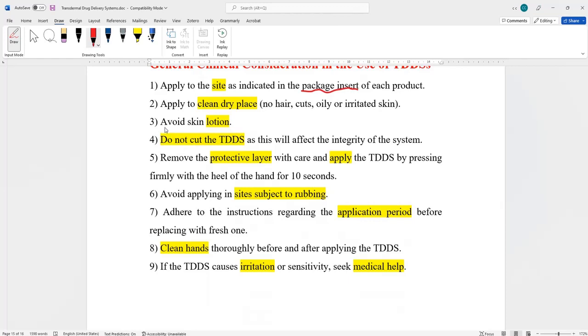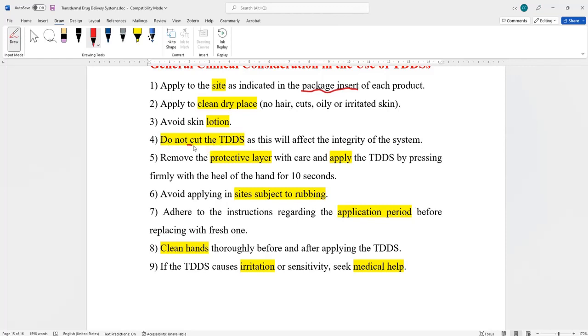Also, you should ask the customer to avoid using lotion in that place, because this can affect not only the sticking of the patch to the skin, but also the absorption of the drug from the patch and through the skin.